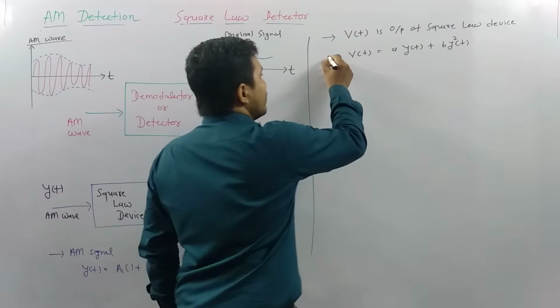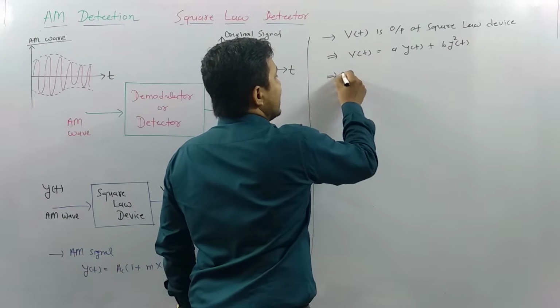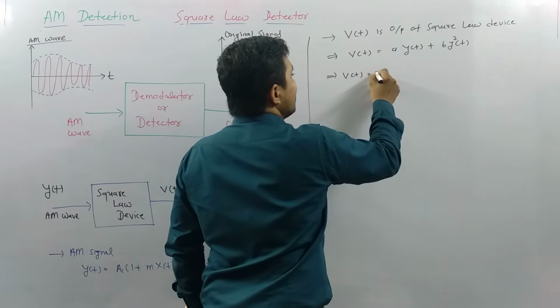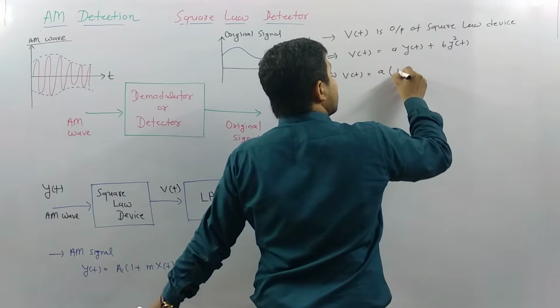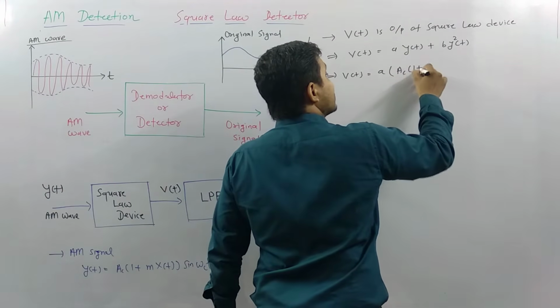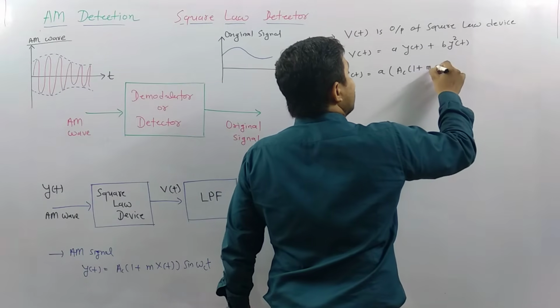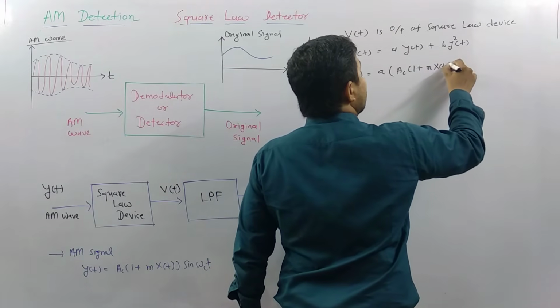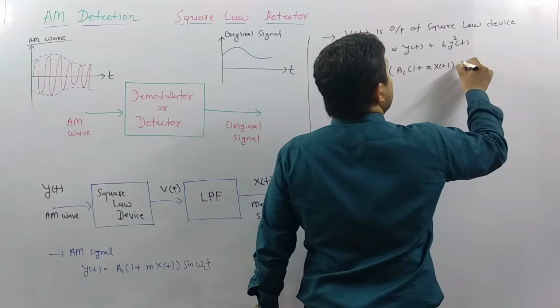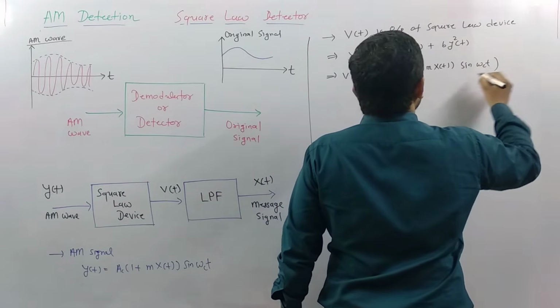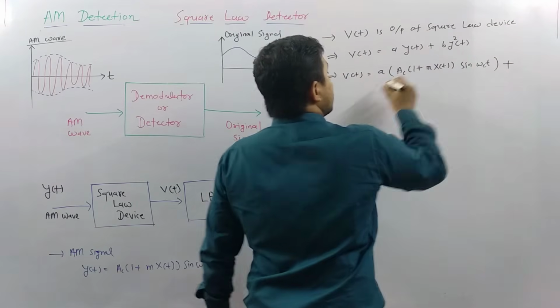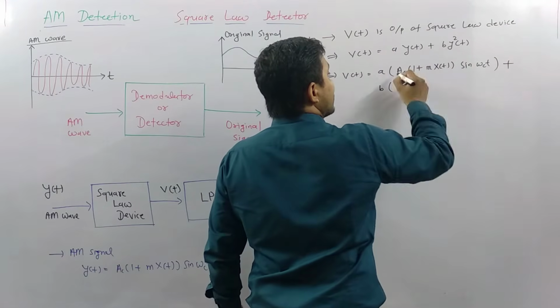So now our VT, that will be A into YT, that is AC into 1 plus modulating index into X of t of sine omega CT plus B into Y square of this.